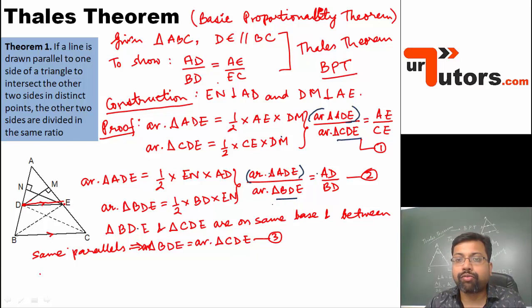So the left hand side of both equation 1 and 2 are equal from 3, right? From equation 3, we see that the left hand side of both equations 1 and 2 are the same, because the numerator is already the same. In the denominator, they have triangle BDE and CDE respectively. And we have found in equation number 3 that both of them are equal.